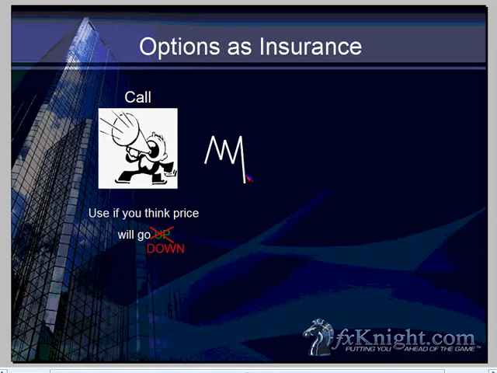This would cause you to believe that price is going to go down. Right? It broke the prior range, made a lower low. If you think price is going to go down, you open a short trade. You sell. But at the same time, for insurance purposes, you'll simultaneously buy a call, which is a bet that price will go up.